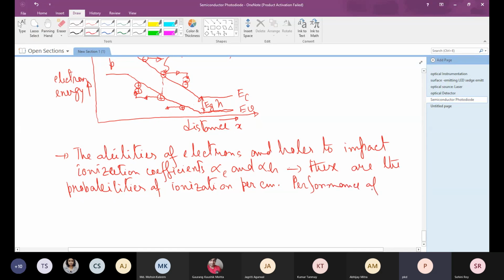Performance of APD is typically given by the ratio K between the two ionization coefficients. Usually either alpha H is made higher or alpha E is made higher.